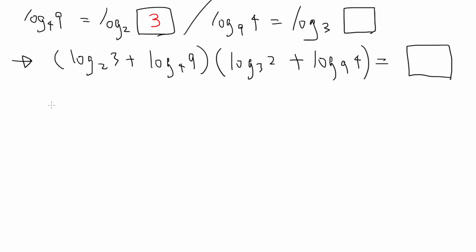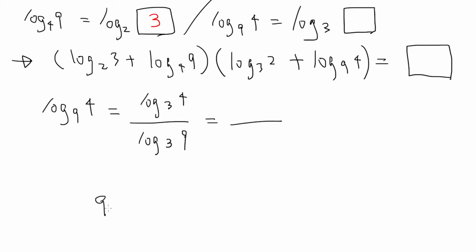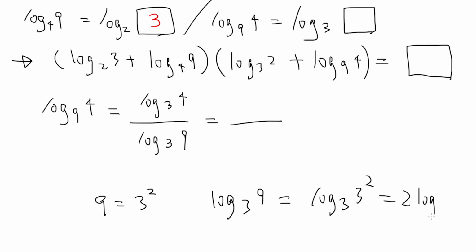Next, let's work with log base 9 of 4. And using the same rule, let's choose 3 as the new base. Once again, 9 is 3 squared. So log base 3 of 9 is log base 3 of 3 squared, which is 2 log base 3 of 3.